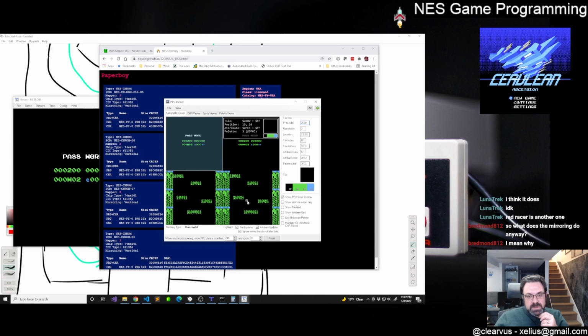Now, some cartridges and mappers provide additional RAM so that you can actually have a full 4-screen mode, so that each of these 4 name table address regions are unique for four full screens. But that's not as common as having the mirroring be either horizontal or vertical. The other thing you can do is a 1-screen mode where every one of these is the same screen.